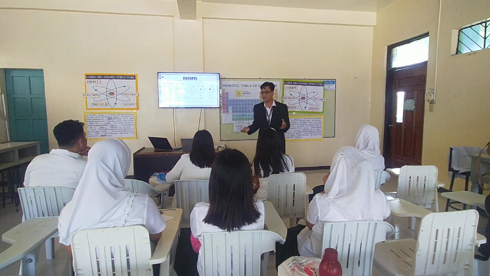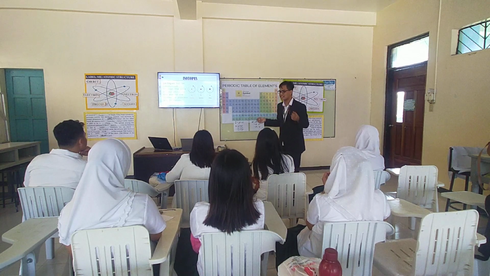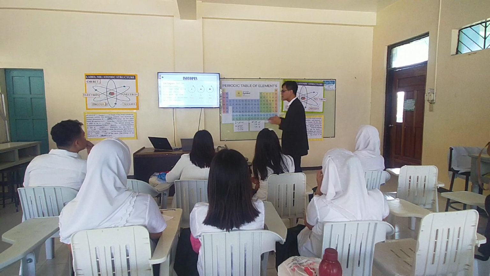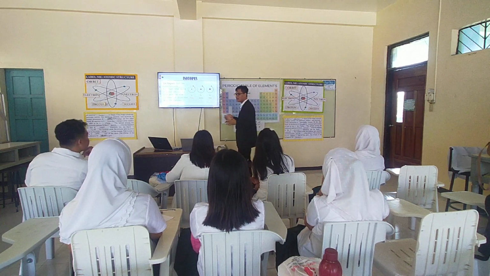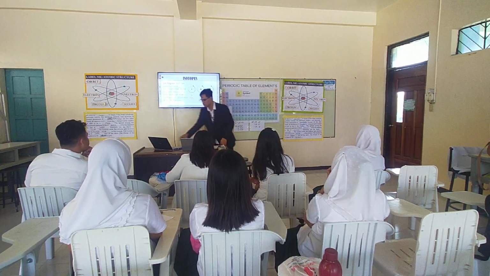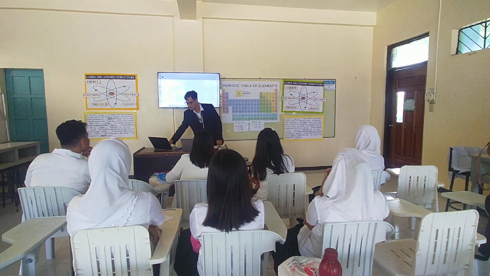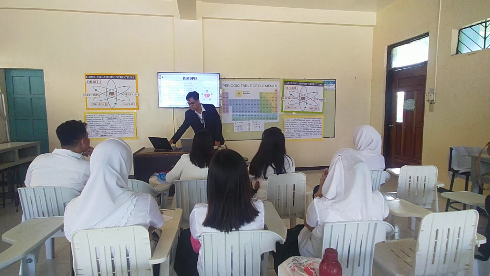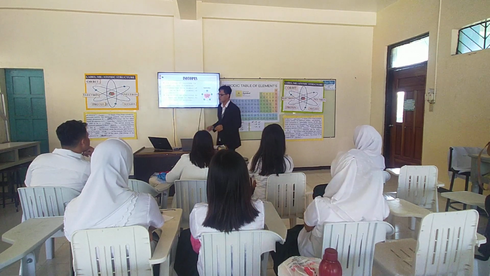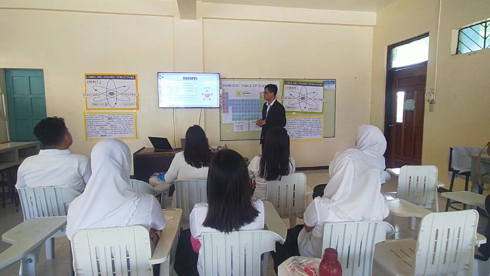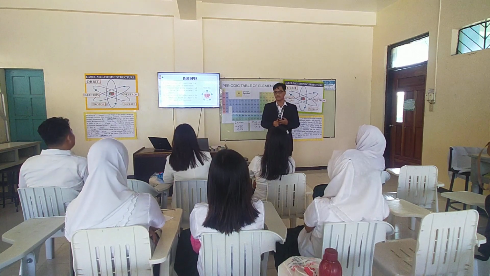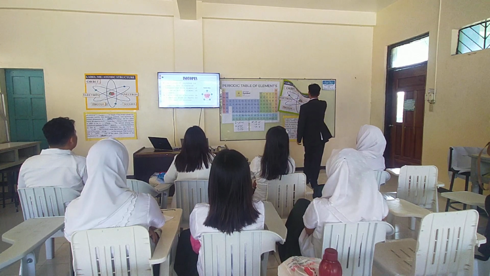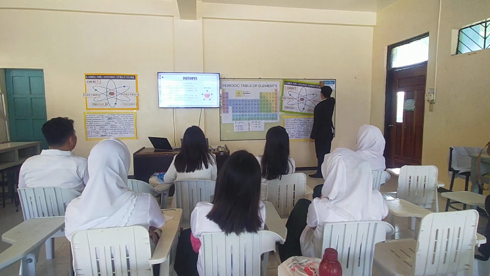And when we say isotopes, these are the atoms that have the same number of electrons and protons, but the number of neutrons is different. So everybody please read. The number of neutrons is equal to the difference between the mass number of the atom and the number of protons.